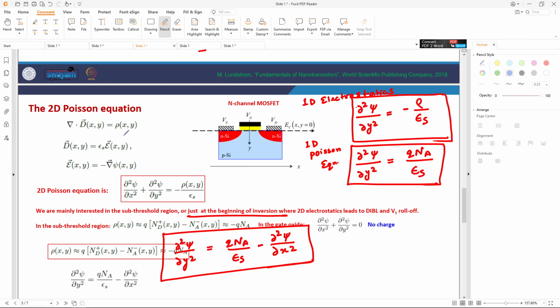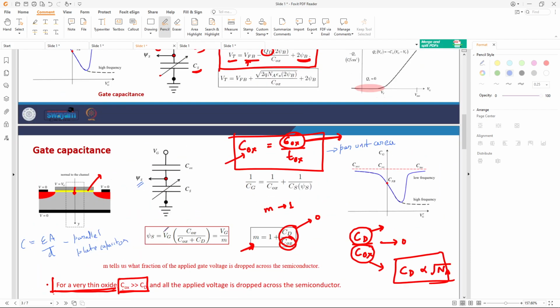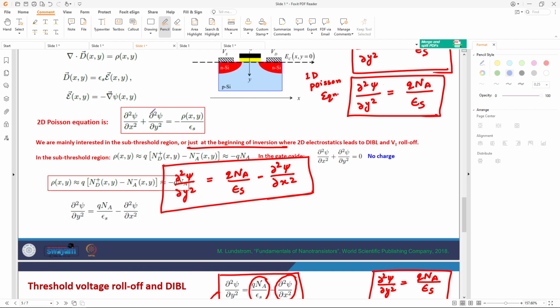We start with the same Maxwell's equation, but now instead of taking the derivative with respect to one length coordinate, we take it with respect to both. Luckily, in our previous analysis, we derived all these results for the y variation. Whenever the y-axis terms like d square psi by dy square show up, we'll just substitute the results that we previously derived. That is a very good approximation.